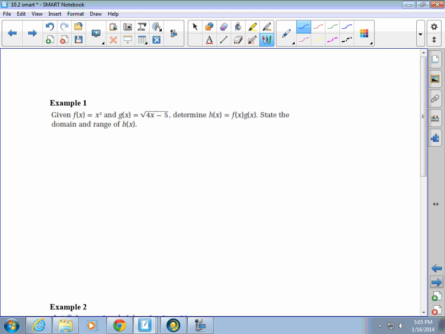Okay, example 1. Given f of x is equal to x squared and g of x is equal to square root of 4x minus 5, determine the product, and state the domain and range. So my product is just x squared times square root of 4x minus 5.